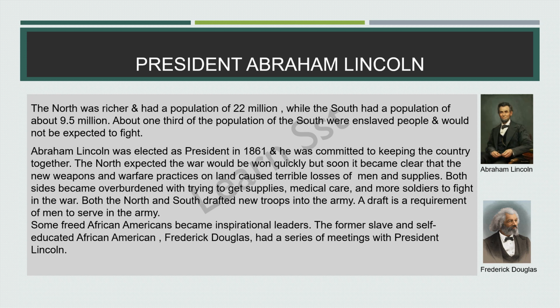The northern states were a richer lot. Why were they richer? Because they were industrialized, whereas the southern region had farming as its primary occupation, and the northern Americans were into secondary occupation, and that was industries.